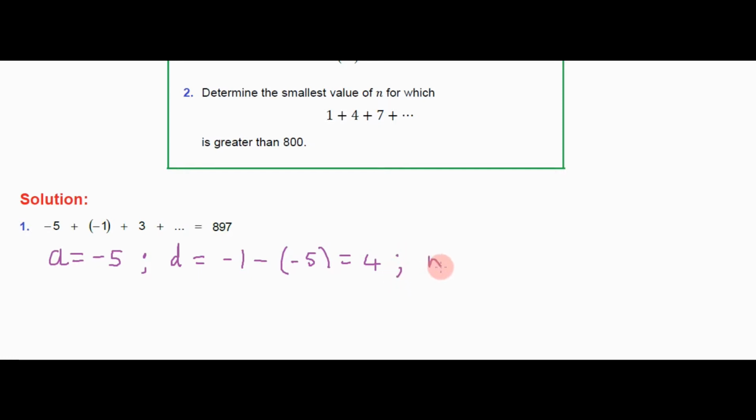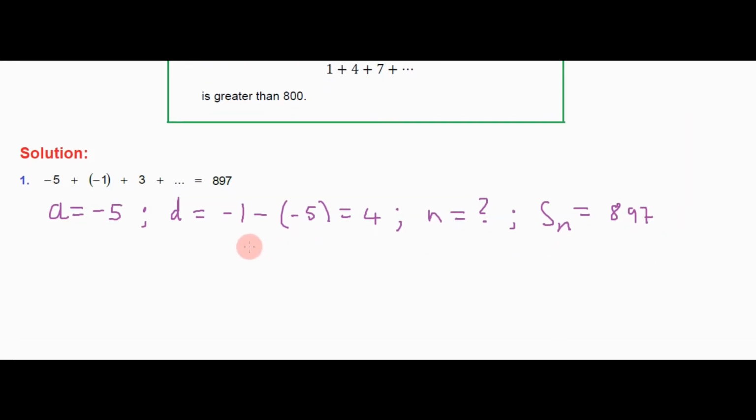We don't have the number of terms. This is what we need to find. But we do have the sum to n terms, which is 897. We're going to use the formula S sub n equals n over 2 into 2a plus n minus 1 times d.